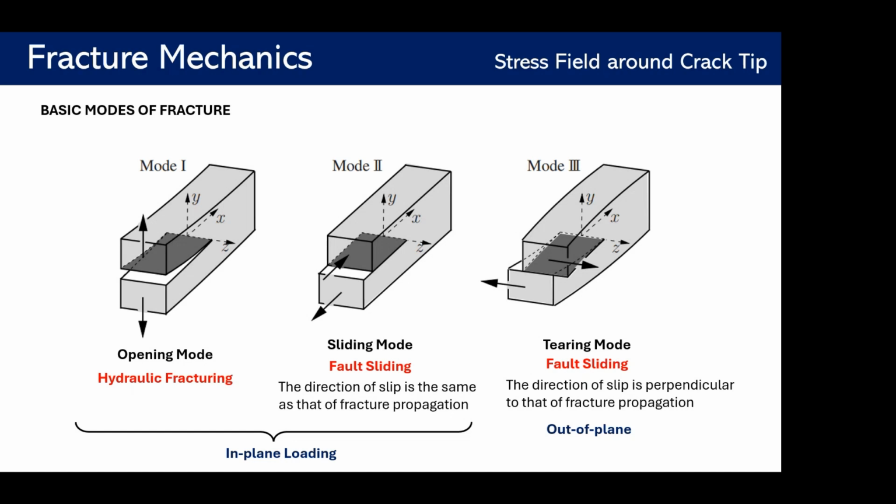For example, if the component of the force is normal or perpendicular to the fracture, it creates mode 1, we call it opening mode. And it's like an in plane displacement field. When I say in plane, I mean the displacement field in the XY plane here.